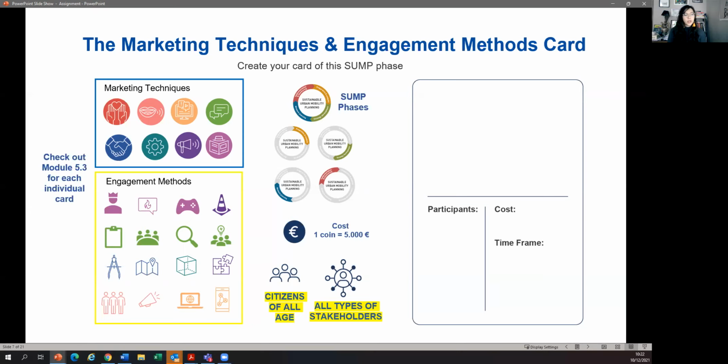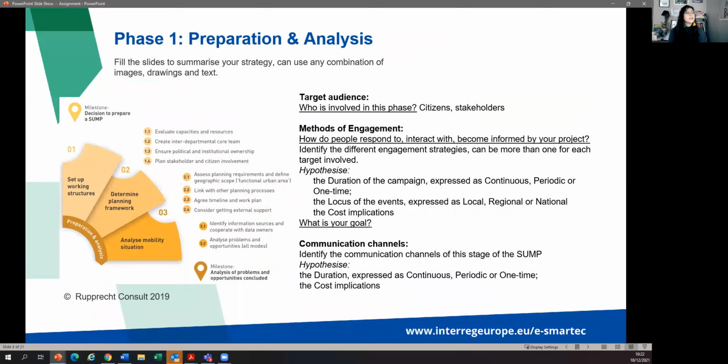In each of the phases, remember that there are 4 phases, you will find 3 slides. The last one is the summary card. The first one is the guidance, where you can see the SUMP phase that we are talking about, with the different activities that are part of this phase, and then the guidance questions for you to develop the strategy for the phase.